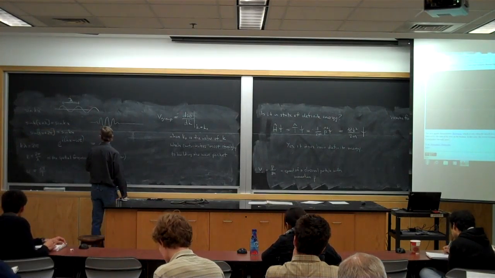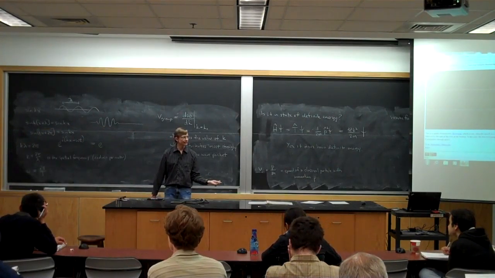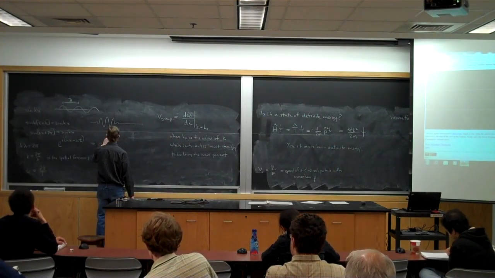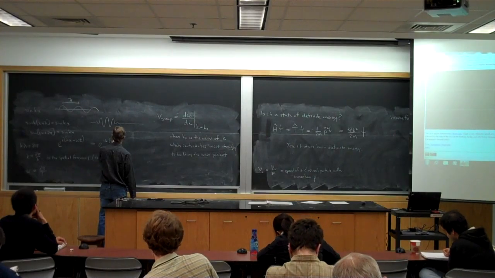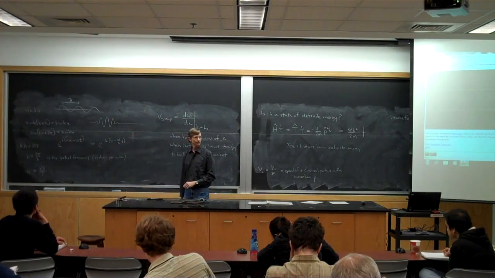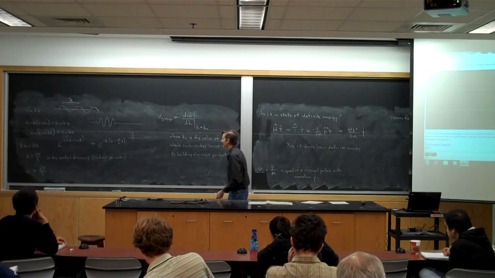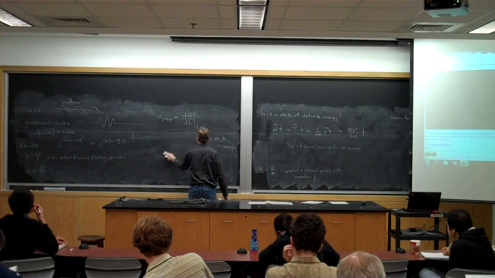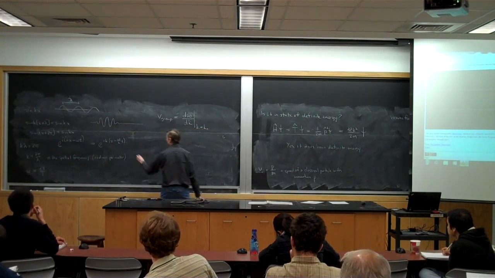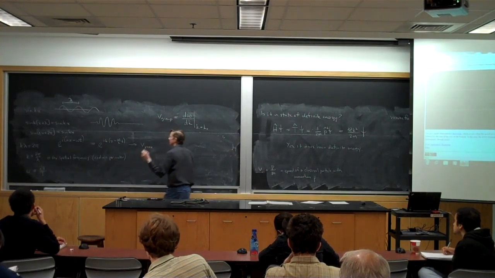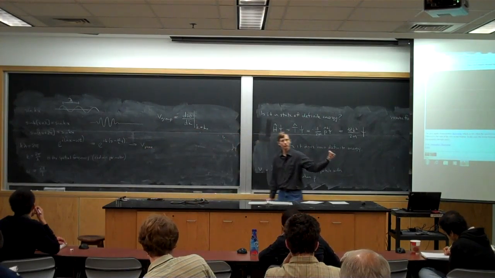And if I want to write this in the form of a function of x minus vt, I'll write e to the i k times (x minus omega over k times t). That's the phase speed, the speed at which the crests of the wave are moving.